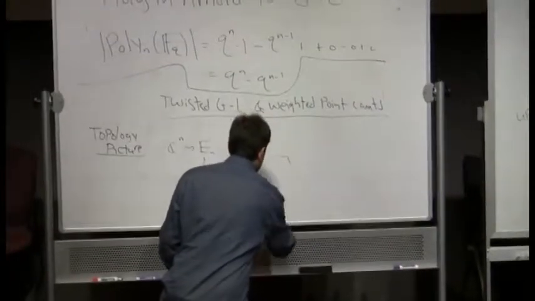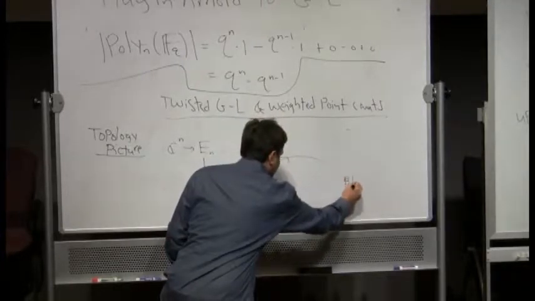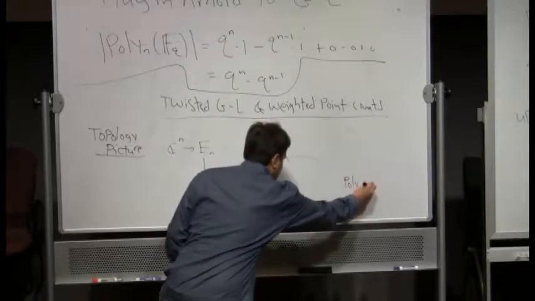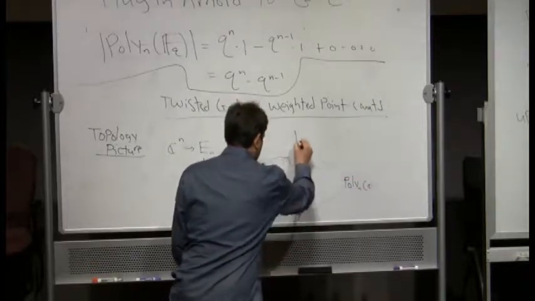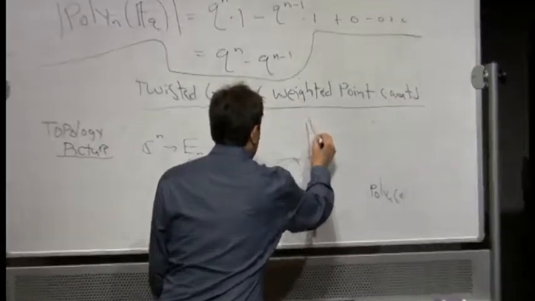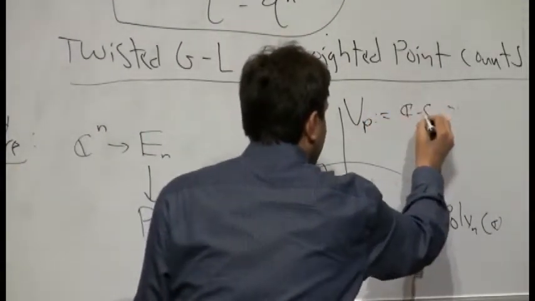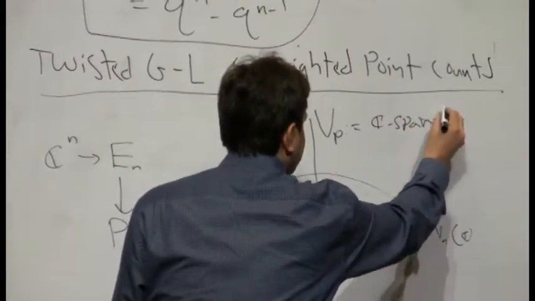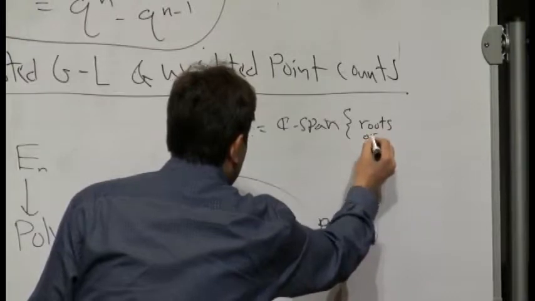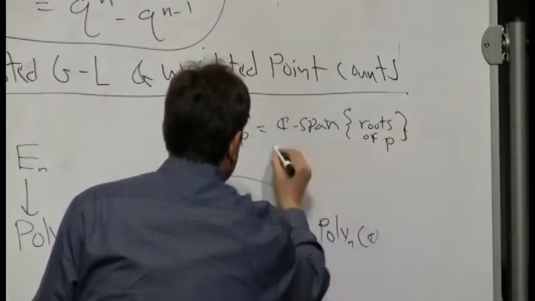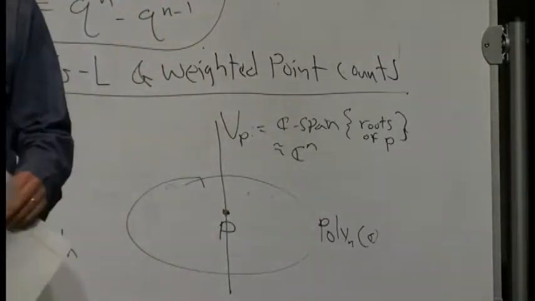Here's, say, the space of polynomials over C. Everything's over C. And over a polynomial P, I can just put the vector space, I'll call it V sub P, and define it to be just the free vector space, the C-span, on the set of roots of P. And since my roots are all distinct, this gives me an actual vector bundle.